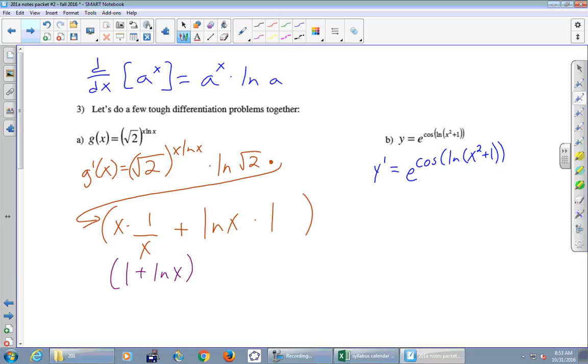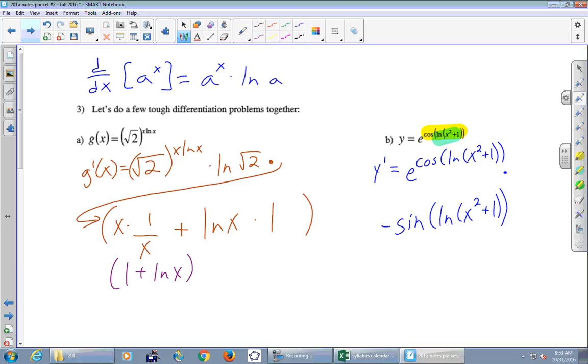Times the derivative of the stuff. I'm going to highlight in yellow. There's the stuff. And that stuff is of the form cosine of some stuff, yes? So what's the derivative of cosine of stuff? Negative sine of stuff. All right, I don't have enough room here, so I'm just going to continue. Negative sine of ln x squared plus 1. Okay, and now times the derivative of that. We just did cosine of stuff, so the new stuff is right in there.